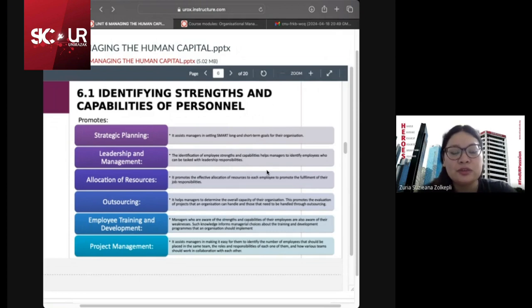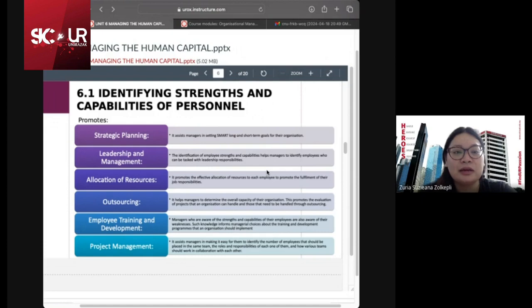And then allocation of resources. One of the most important things in management is knowing how to allocate resources. When you know the strengths and capabilities, it will be easier for you to assign them accordingly, as a human resource, according to the job responsibility.